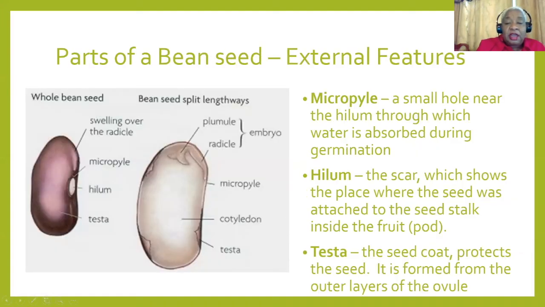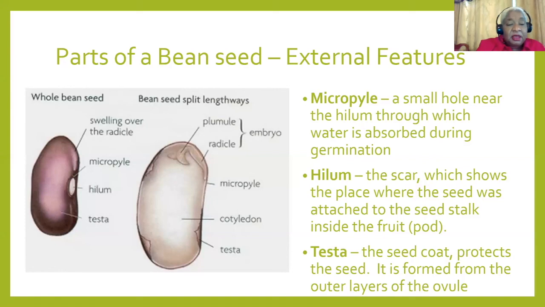And here, when you looked at the video of the dissection, you can see the external features of the seed. This is the whole bean seed with the swelling where the radicle is, then the tiny hole called the micropyle.